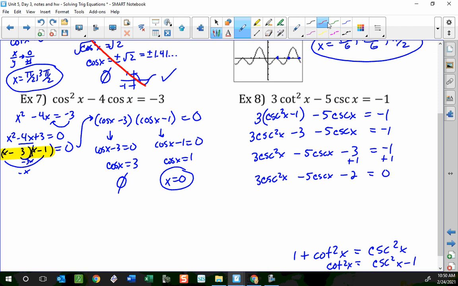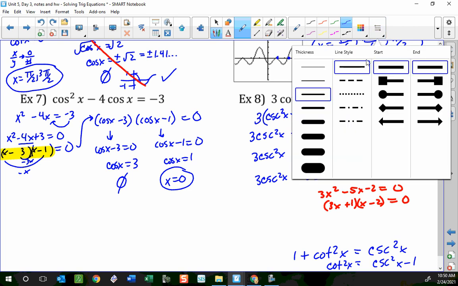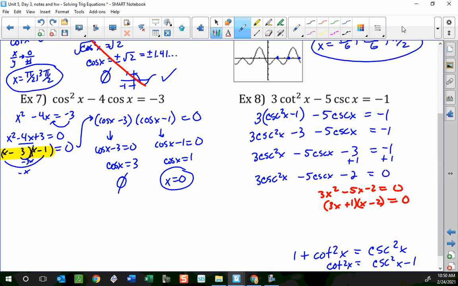So again, this maps to the algebra problem 3x squared minus 5x minus 2. So if I can factor that, then I can go back and plug in the things that I need. So 3x and x, the 2 here and the 1 there, that makes 6 on the outside, 1 in the middle. 6 is negative, my 1 is positive to get my negative 5. All right, so let's go back and put cosecant in there.